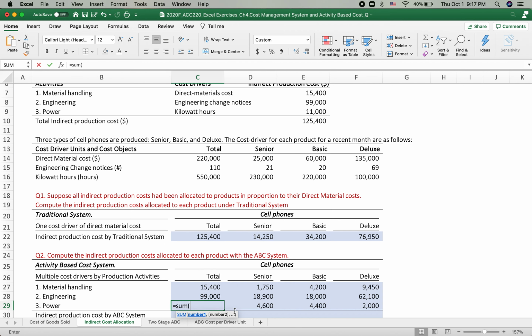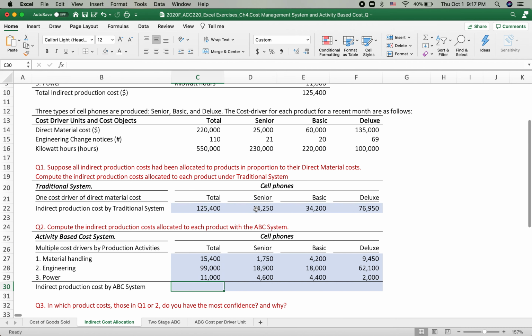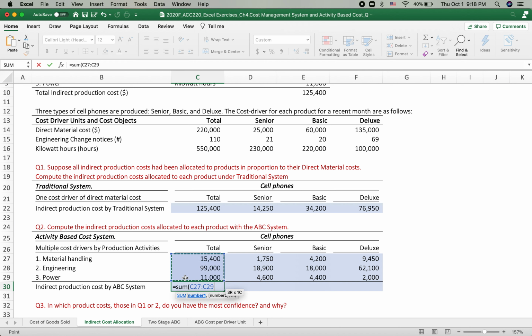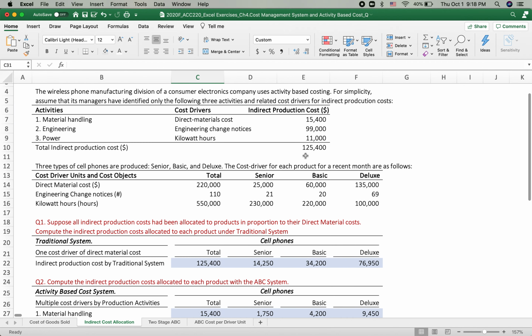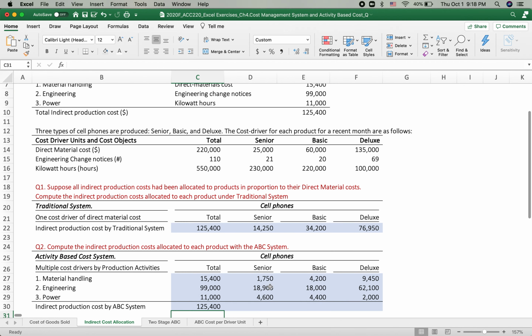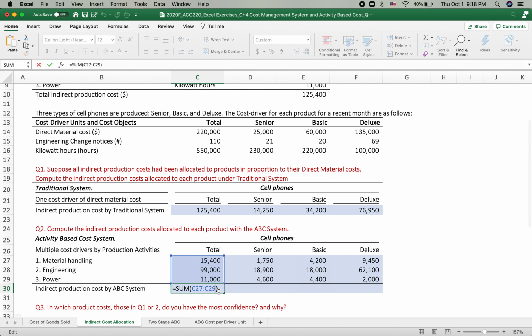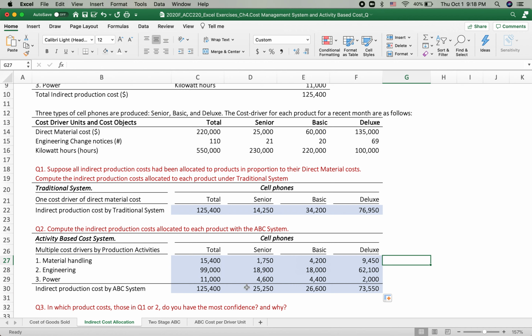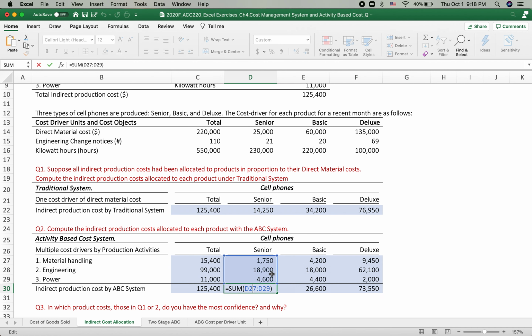Then finally this three also 11,000. So the sum of this indirect production cost on each activities should be the same as 125,400, right? Then I just want to drag. So we come up with the indirect production cost on each cost object.